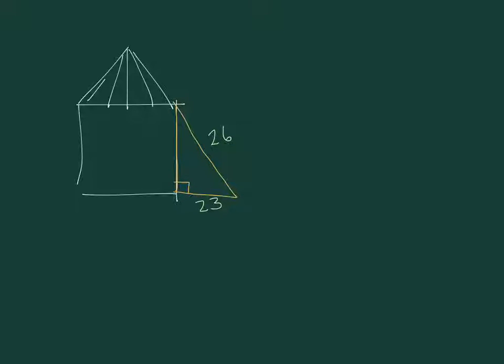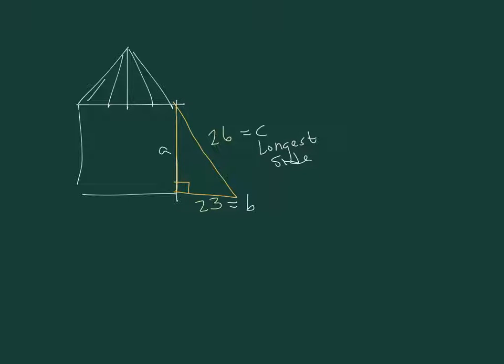Okay, so same general numbers. So we're going to say this is A, this is C because it's the longest side. Okay, so the longest side is always C, and then we have B right here. Now I could change that up and say that this is B and this is A, and it's not going to change anything.